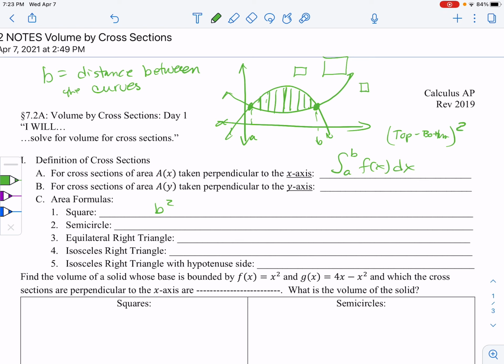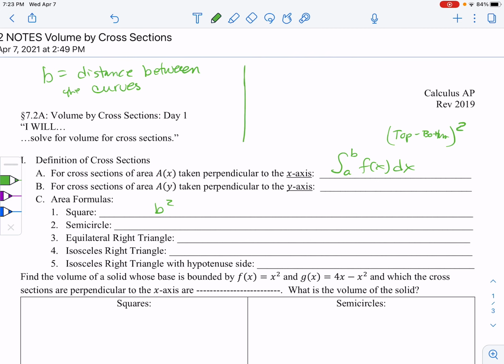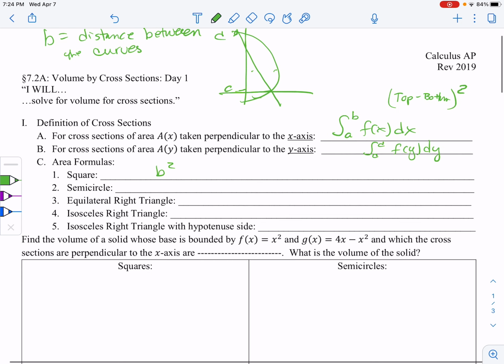Well, I can also graph and have a curve going this way, and I'm going to go right to left, and I'm going to integrate from C to D, f of y dy, just like you did area with respect to the y-axis. Okay, we talked about that.